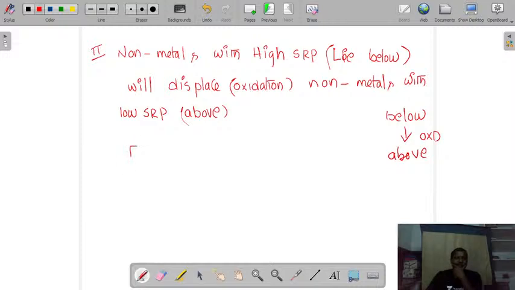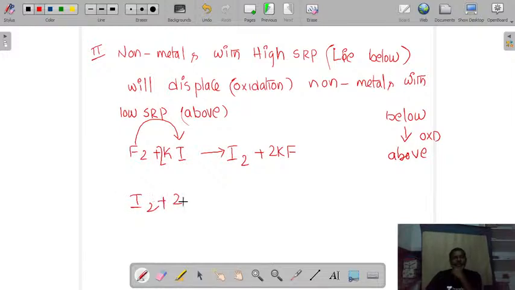For example, chlorine when it reacts with potassium iodide: chlorine below the series, iodine above the series, so it can displace iodine from its salt solution. But iodine cannot displace chlorine from its salt solution because it is less reactive. That's why no reaction will take place.